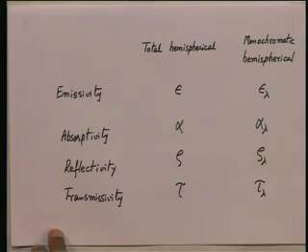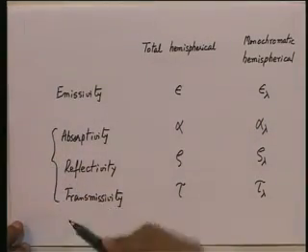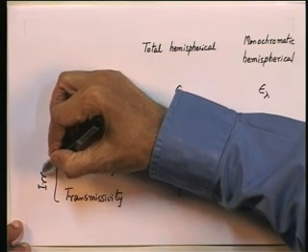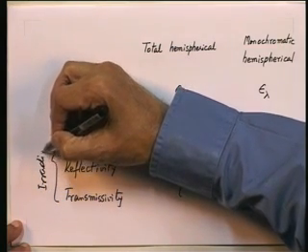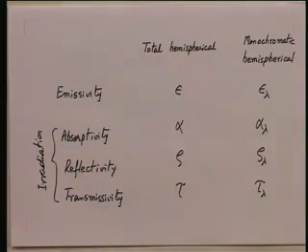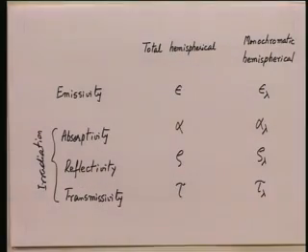So, these are all properties that we have for the surface. Okay. The last three are for irradiation, that is radiation incident on a surface. The first one is for emission. So, this is a snapshot of the terms we have defined.